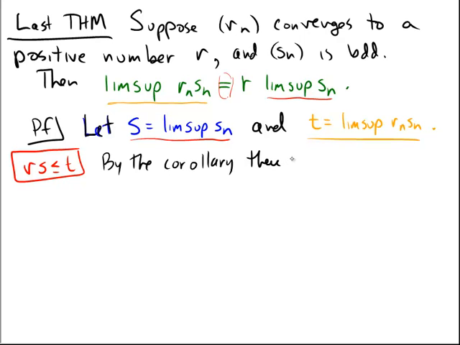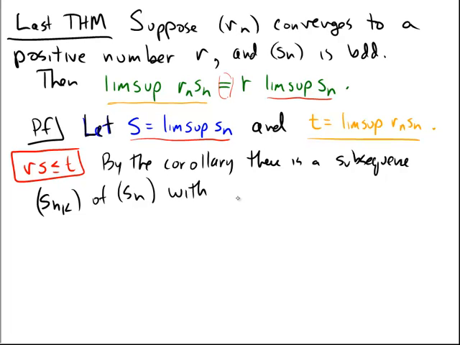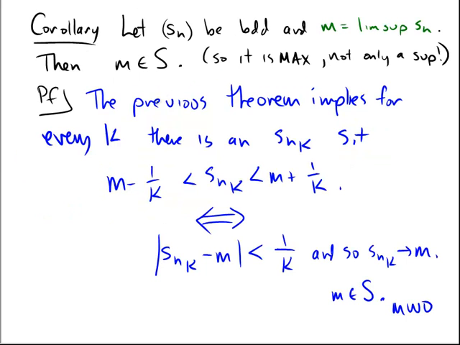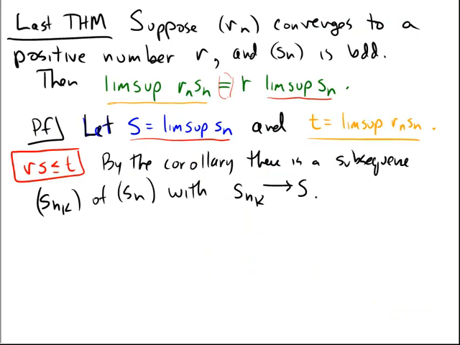There is a subsequence S sub n sub k of Sn with S sub n sub k heading on towards S, right? Because remember, S is the limit superior of the Sn's, and this corollary says that the limit superior is actually a subsequential limit. So I know that there exists a subsequence that actually heads towards S.